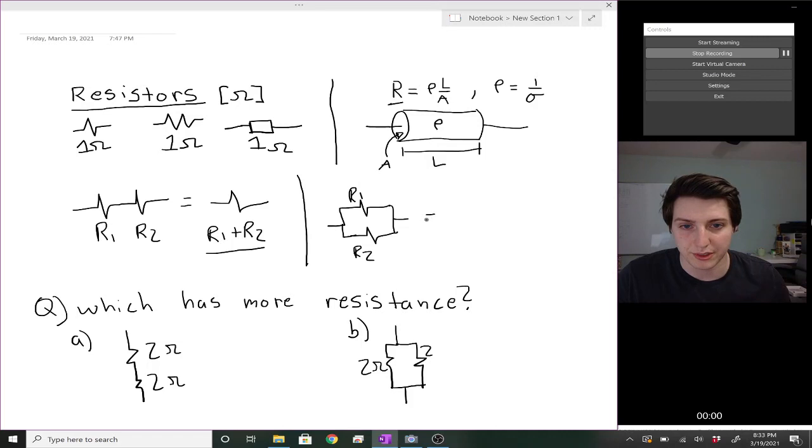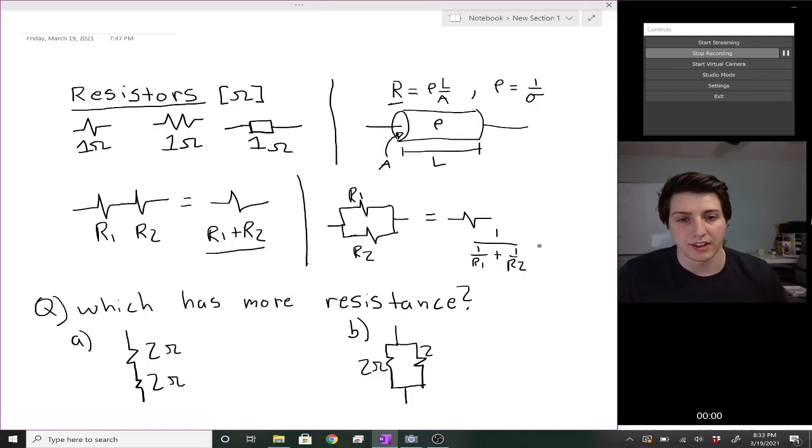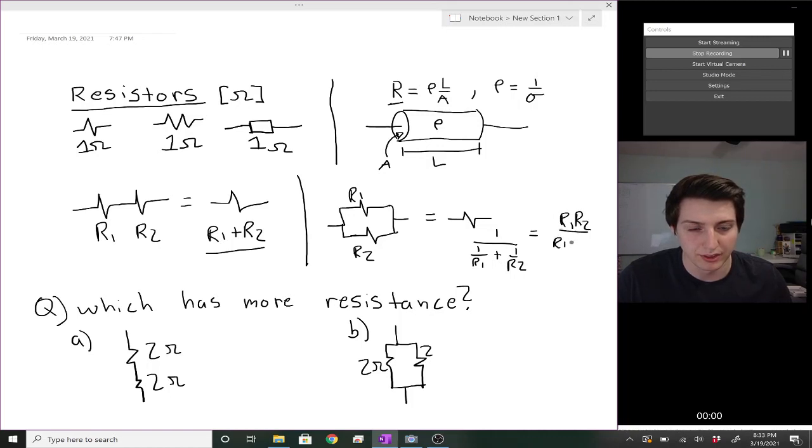We can also express this as one single resistor, which is equal to 1 over (1 over R1 plus 1 over R2). And luckily, if we have two resistors, we can express that as R1 times R2 divided by R1 plus R2.